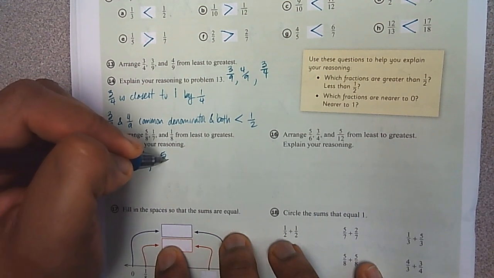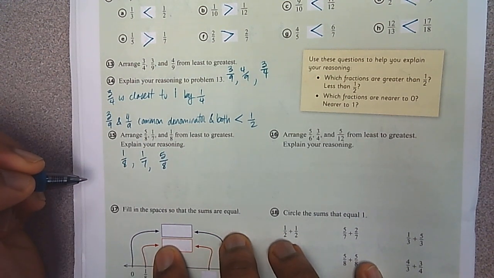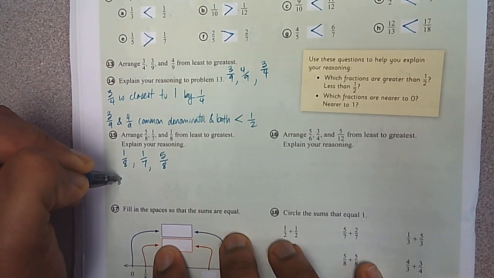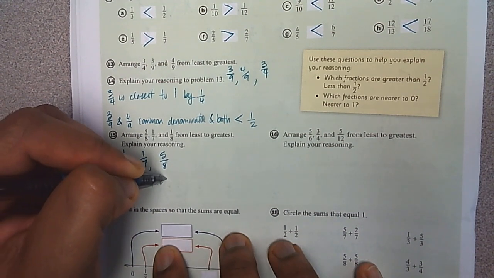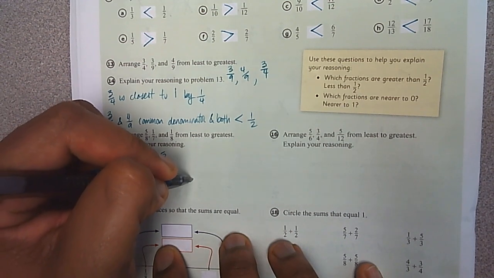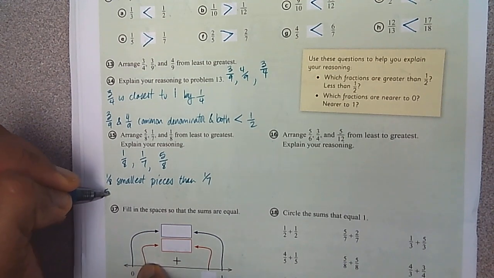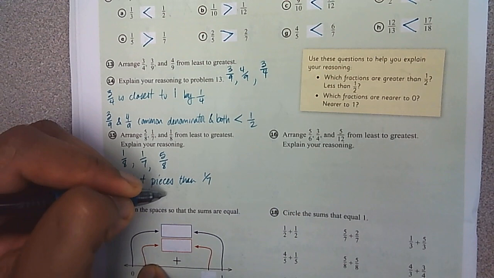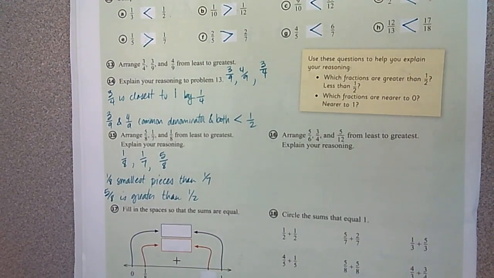And then 5/8 is greater than a half. 1/8 has the smallest pieces, smaller than 1/7. 5/8 is greater than a half.